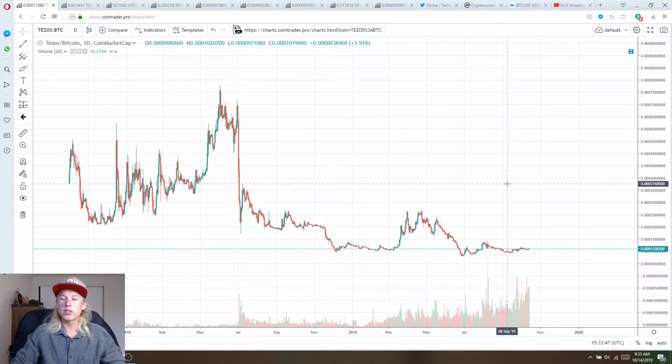Now, the reason why I like Tezos is the fact that when you stake your coins, you actually have somewhat of a governance body. What I mean by that is when you're staking your coins, you can actually vote on upgrades and whatever else the blockchain is looking to progress inside of its development. You actually have the ability to vote on those matters.